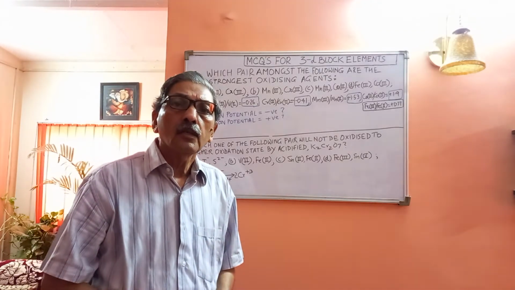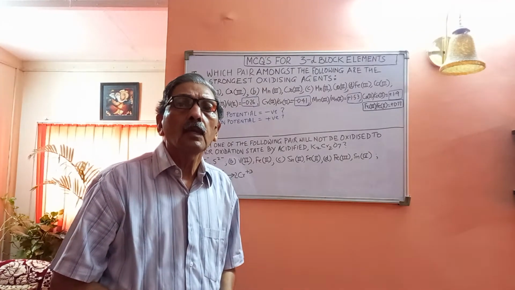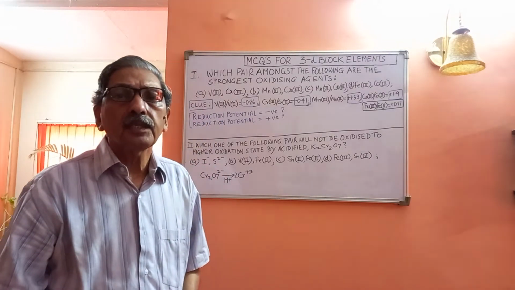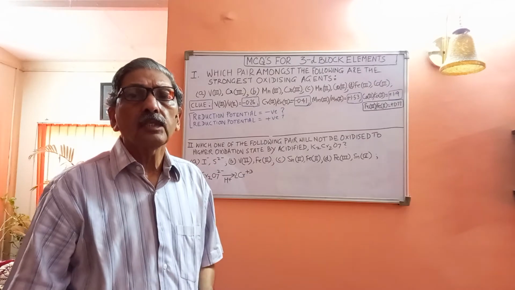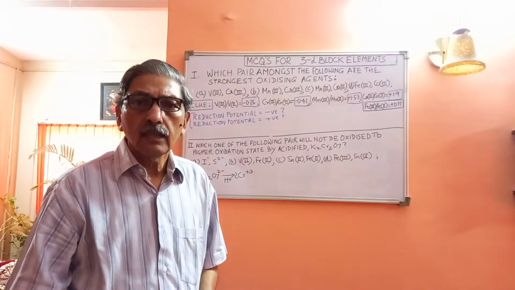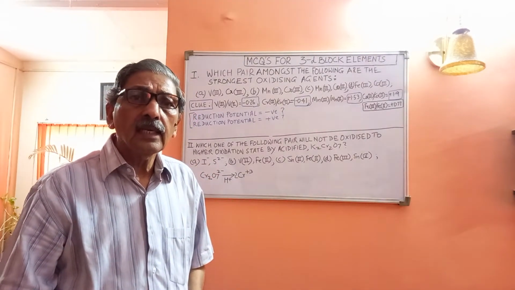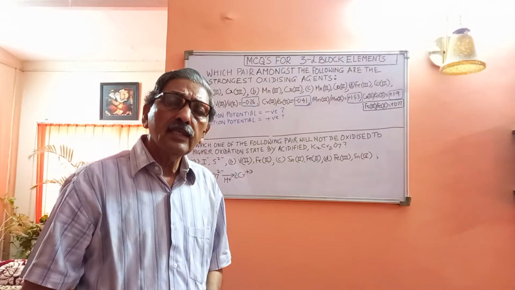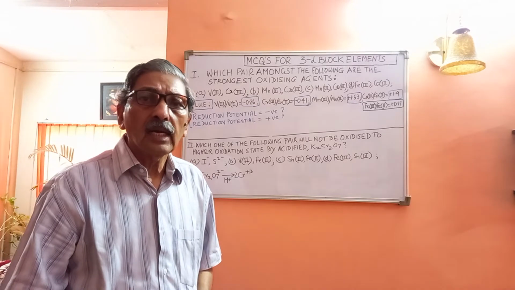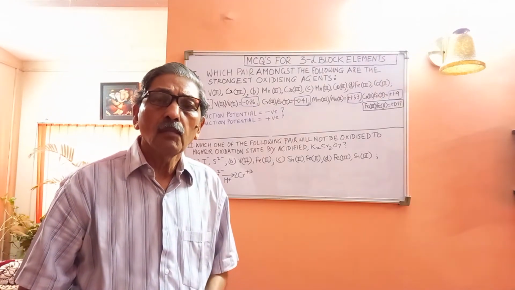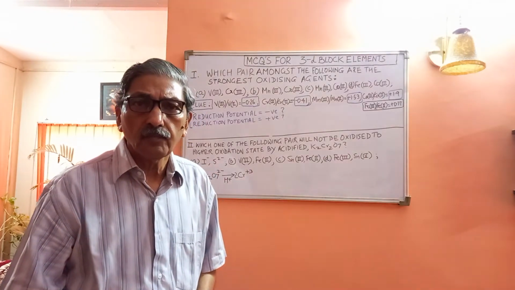Friends, today we will talk about some multiple choice questions that I have designed for the 3D block elements, such that they can give you an insight into the core principles underlying these particular multiple choice questions.